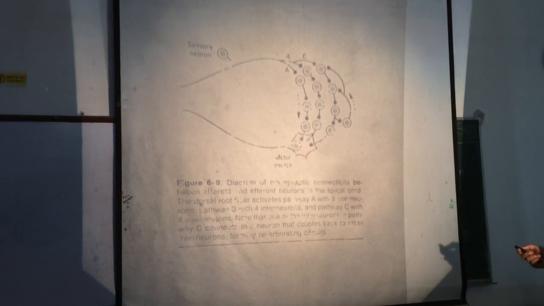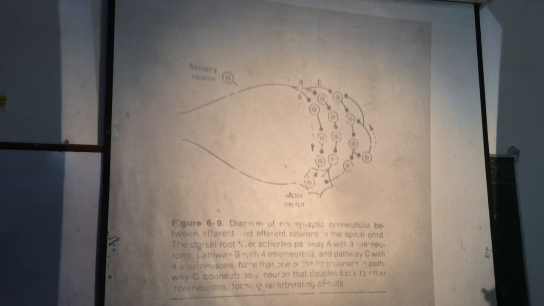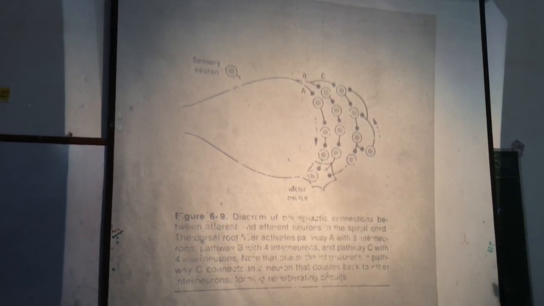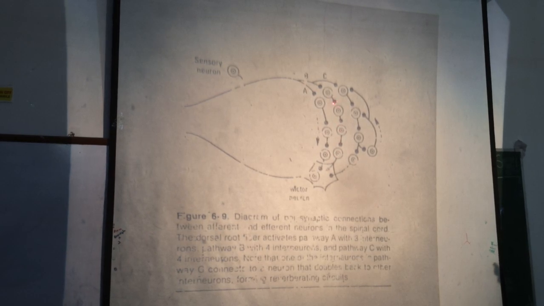First to reach the motor neuron will be the impulse coming along the pathway having 3 interneurons, and then the impulse reaches the motor neuron along the pathway having 4 interneurons.